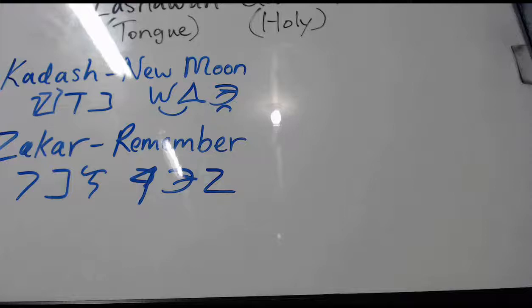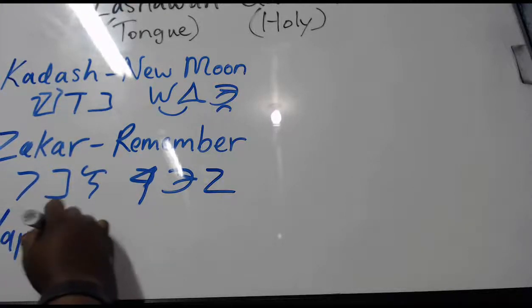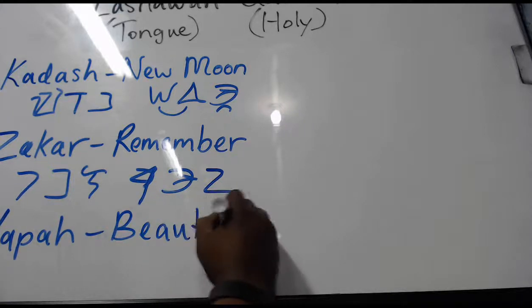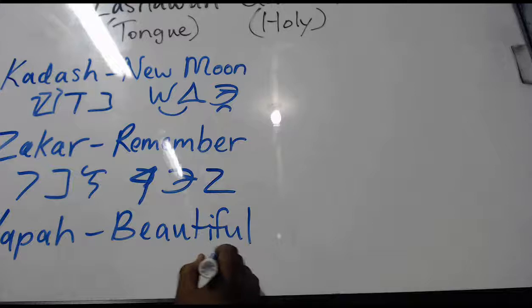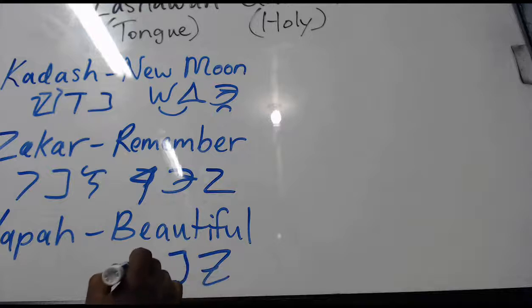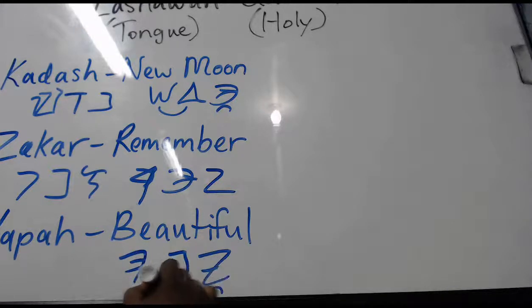Next we have Yapa, which is beautiful. Yapa means beautiful. So ya, pa, and a ha. Yapa. Beautiful.